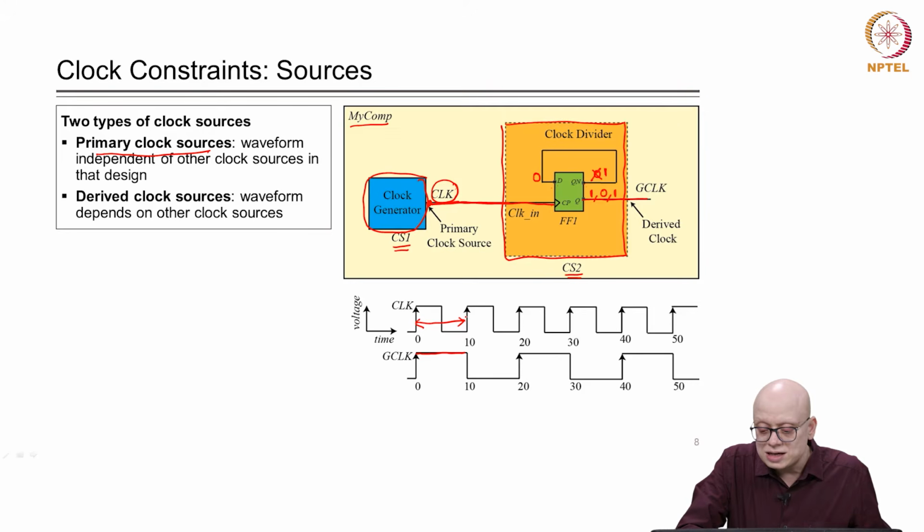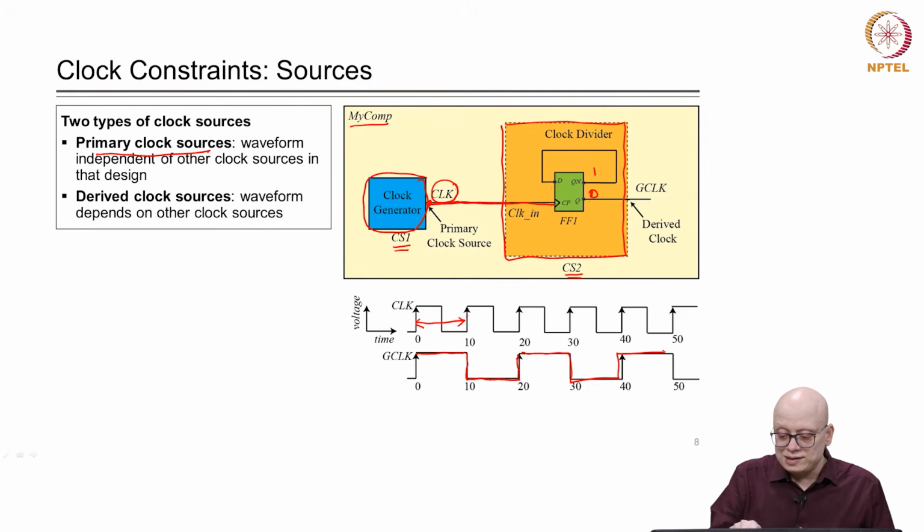Whenever the next clock edge comes, since the Q value was 1, the Qn value will be 0, and that will be at the D pin. So whenever the clock edge comes, it will become 0. And again, since the Q value is now 0, Qn will be 1, and whenever the next clock edge comes, it will take a value of 1. Similarly, whenever the next clock edge comes, it will take a value of 0 and then 1.